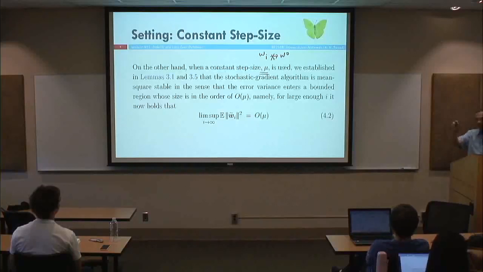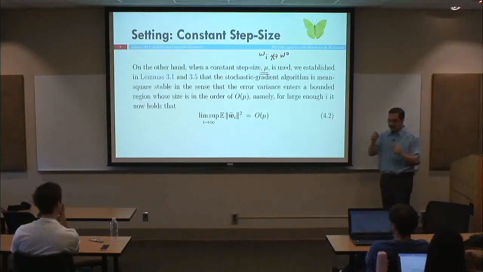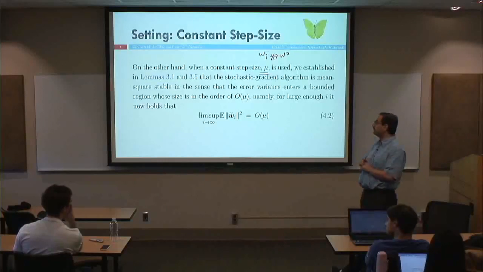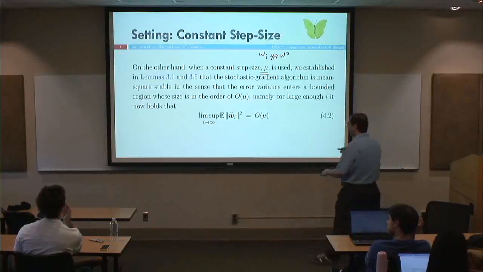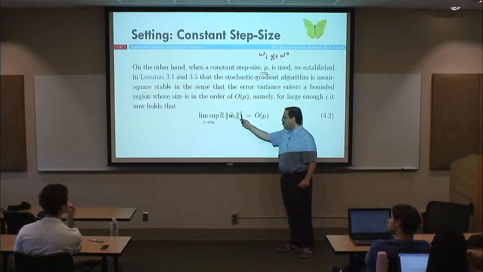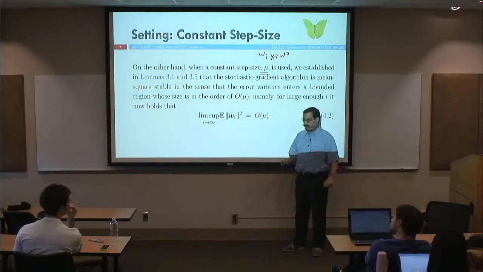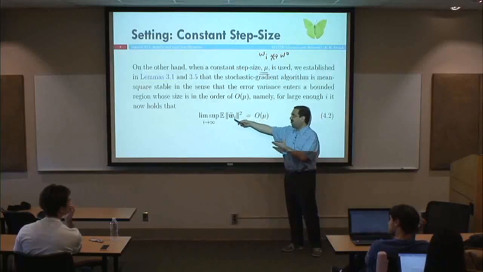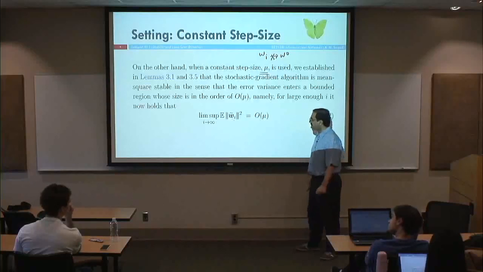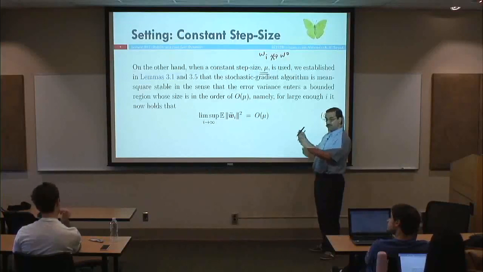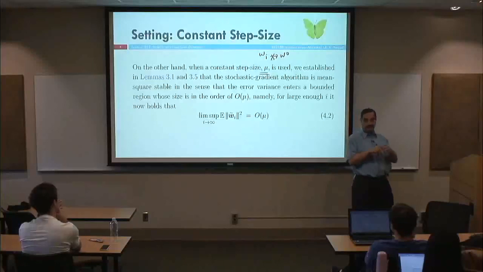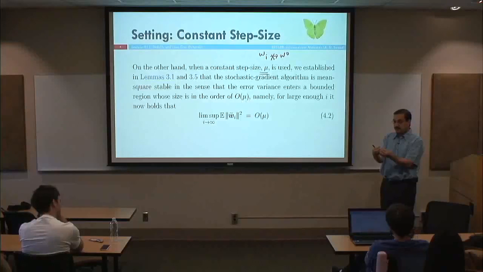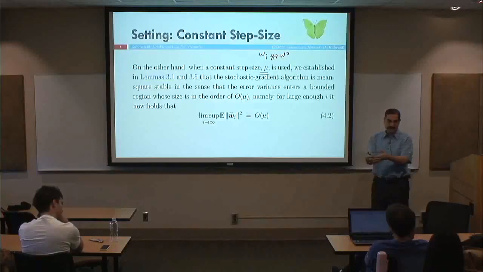It doesn't converge pointwise to wo because of the effect of gradient noise. Instead, in the constant step size case, what we showed is that the second order moment of the weight error vector, or let's just refer to it as the error variance, converges to a region whose size is of the order of mu. So if your step size is very small, you will perform relatively well.